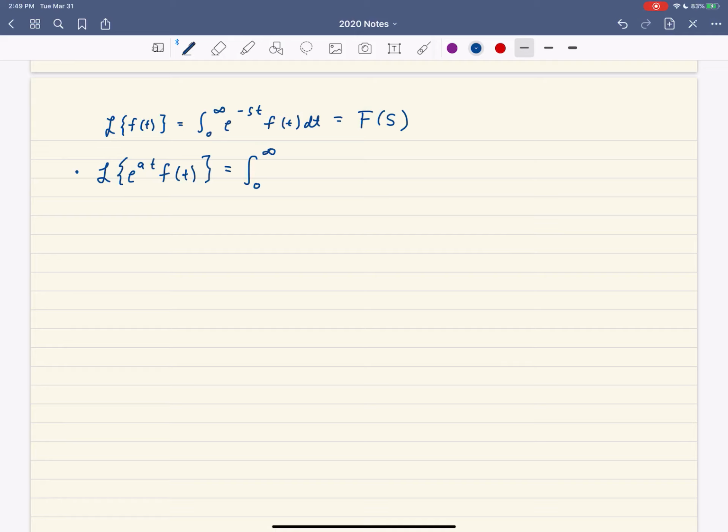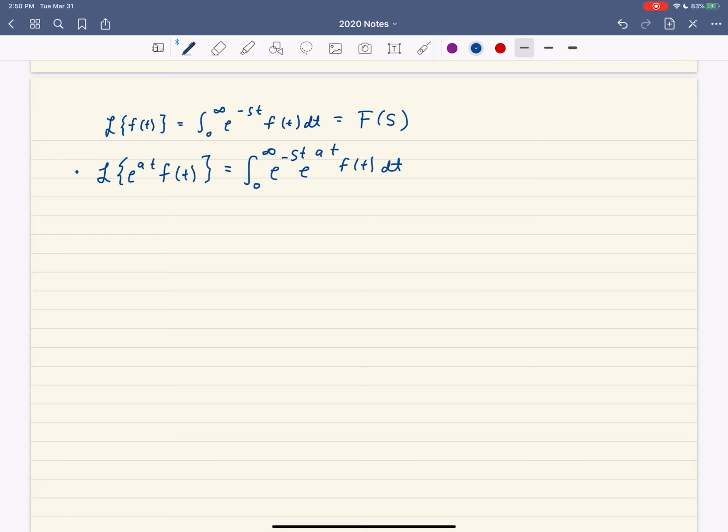So this is going to be the first transformation: multiplying the argument of the Laplace transform by an exponential. We're going to get the integral of e to the negative st, e to the at, f of t dt. This is really for any function f where the Laplace transform is defined. And it turns out that I can combine the exponential terms.